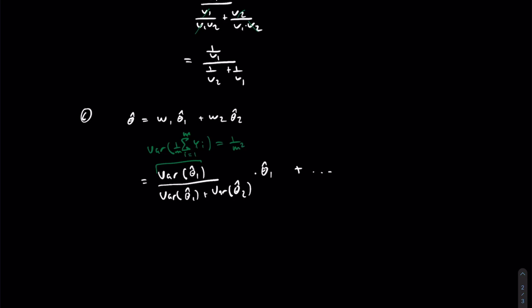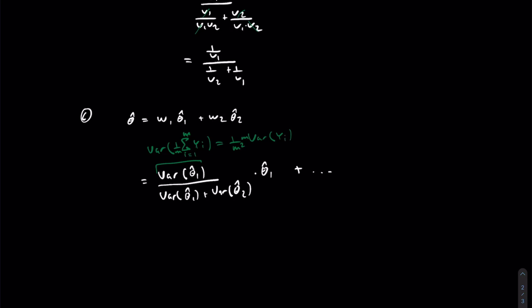We have 1 divided by m squared. We have m terms, y's. We have the variance of those m random variables, right?